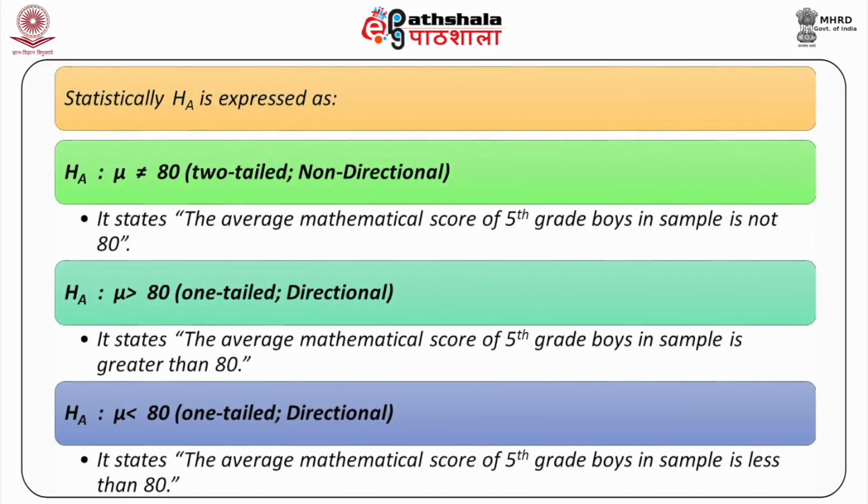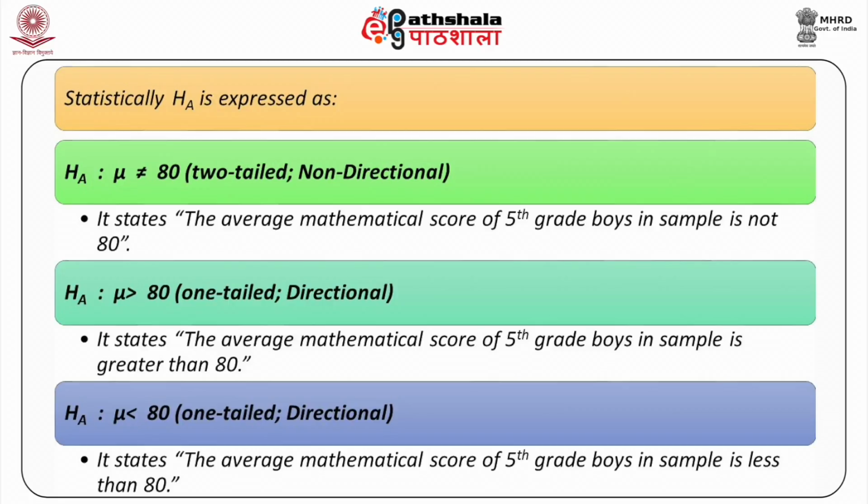Statistically, HA is expressed as HA: mu not equal to 80. This is a two-tailed alternative hypothesis which is non-directional in nature. It states the average mathematical score of 5th grade boys in the sample is not 80.